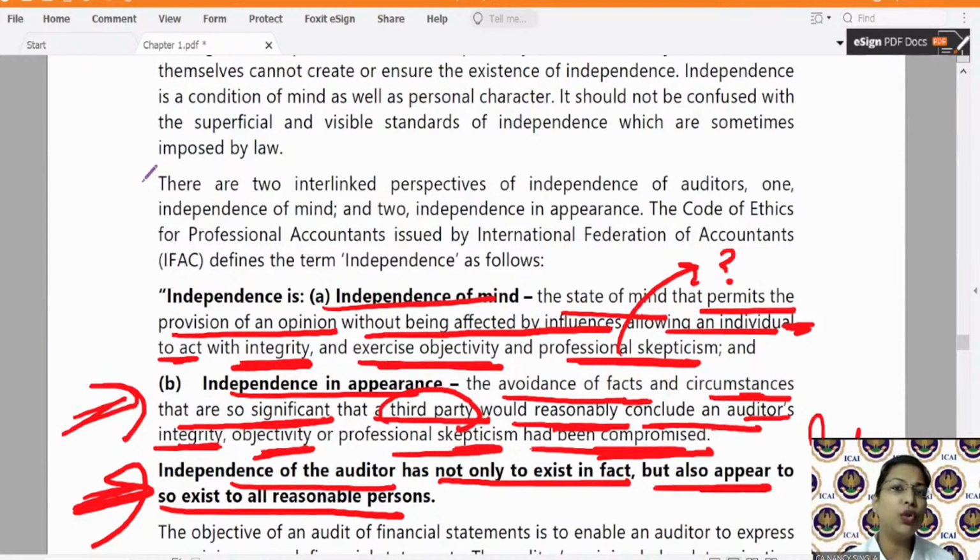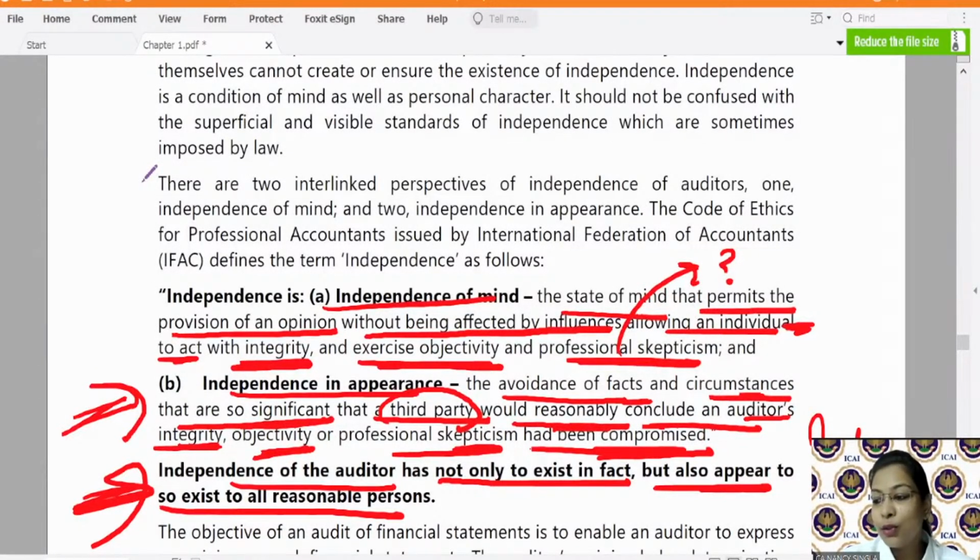The third party should not feel that this person has no integrity, objectivity, or professional skepticism at all. Okay? I gave you an example that on one hand, the auditor is conducting the audit of an organization. On the other hand, the auditor is taking unnecessary, undue gifts like a package to a world tour, and that package has been organized by the client. So to a third party, it will definitely appear that the auditor is not independent.